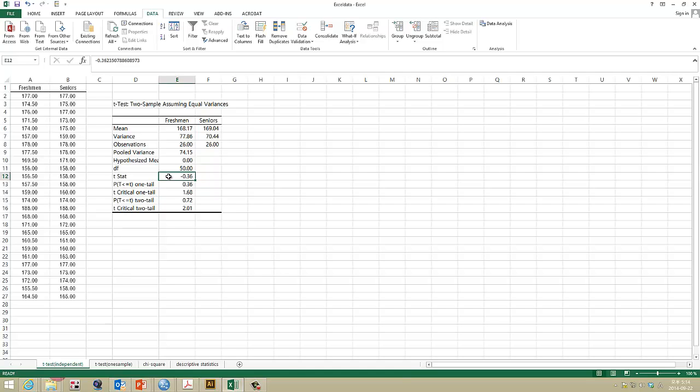So this is far smaller than this value in terms of absolute value. Therefore, we cannot conclude that the mean differences are statistically significant. So in the text, we should write that the mean heights of both groups are statistically identical or statistically not different.